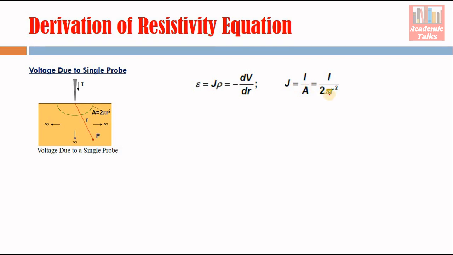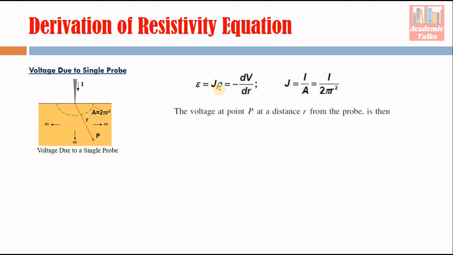So the current density at any distance r will be I by 2 pi r square, right? The current density at this point will be given by this formula, where r is the distance up to this point. Now if we put the value of this current density in this equation, we can find the relationship between potential and the resistivity of the material.